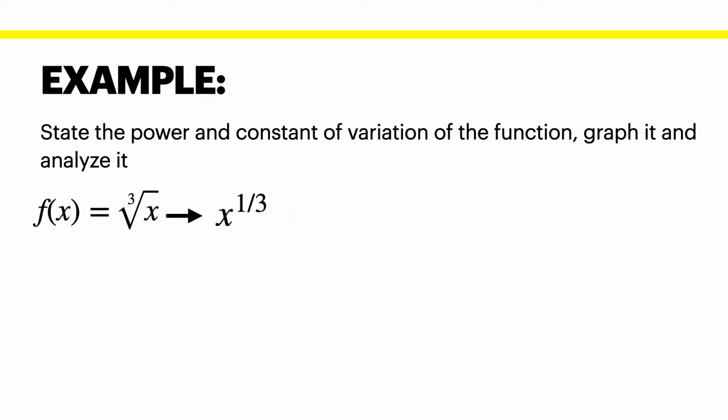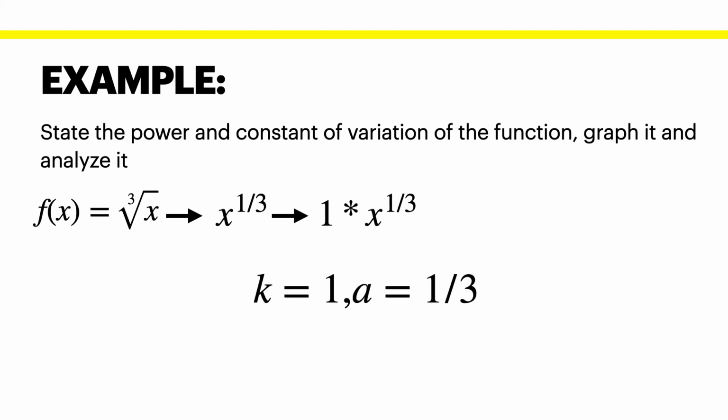If we further dissect this equation, we have 1 times x raised to 1/3, which is true because there is technically a constant multiplied to the x raised to 1 over 3, which is 1, of course. We have the k and the a is equal to 1/3. We know that the k is the constant, so that's 1, and the a is equal to 1/3, which is the power. So it's easy to identify.